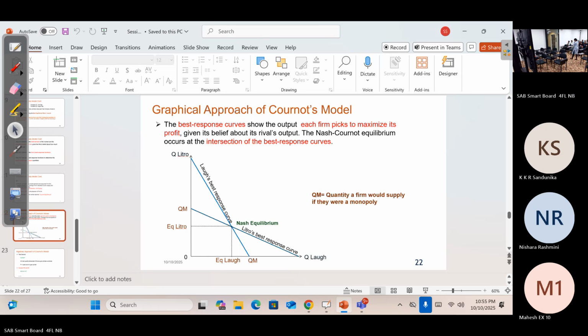Now we have covered the 4 market structures, starting from perfect competition, monopoly, monopolistic competition, and oligopoly.